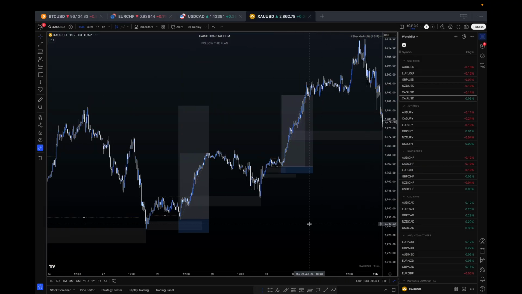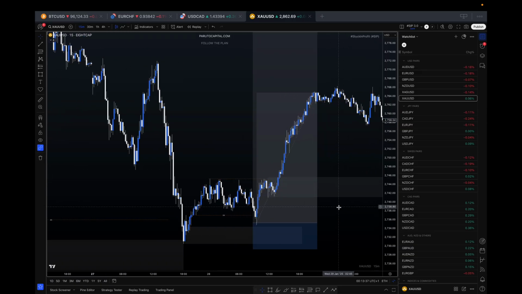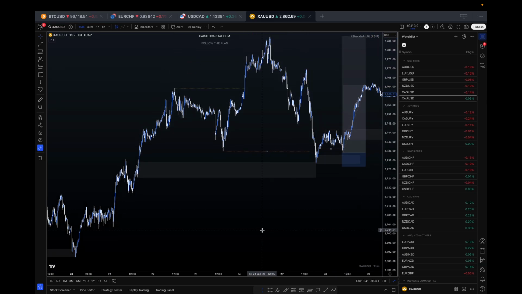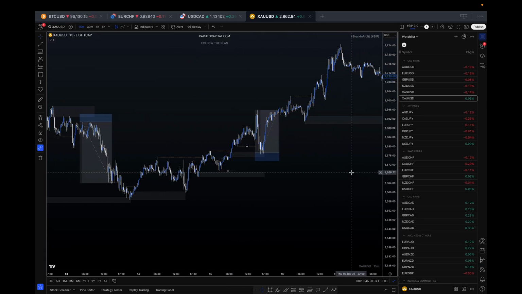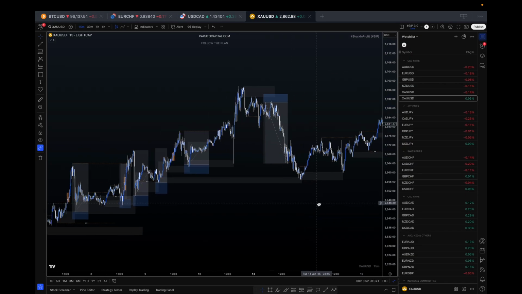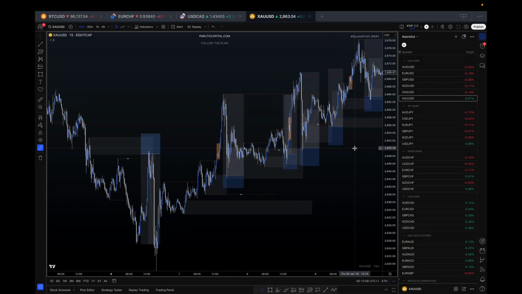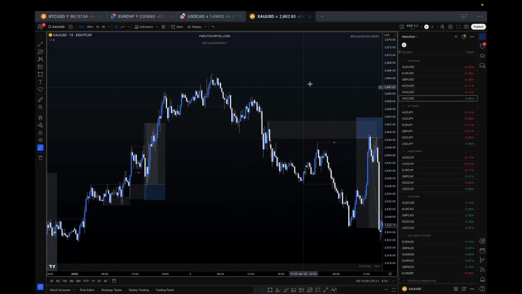Okay, so gold here, let's see what we have. We don't have a perfect one there. Let's see what we have. This is just how you can go through your chart and look for all of these opportunities, all of this structure that we're looking at in the market.